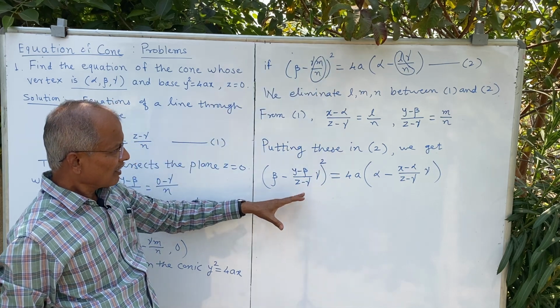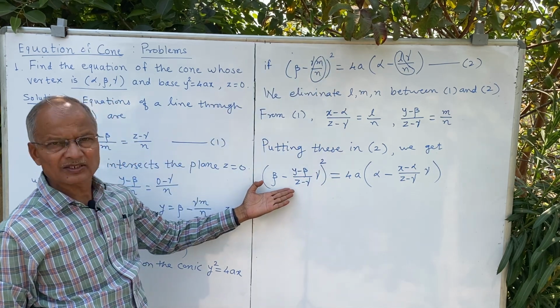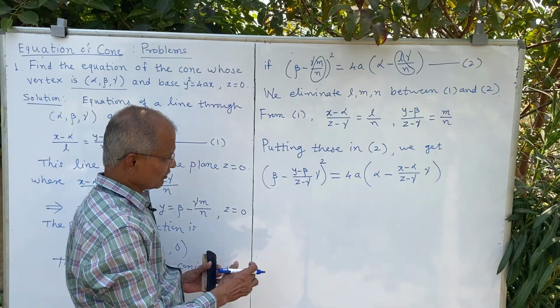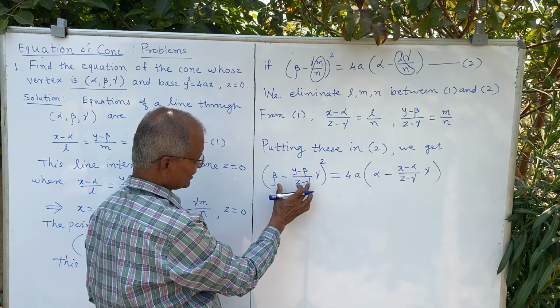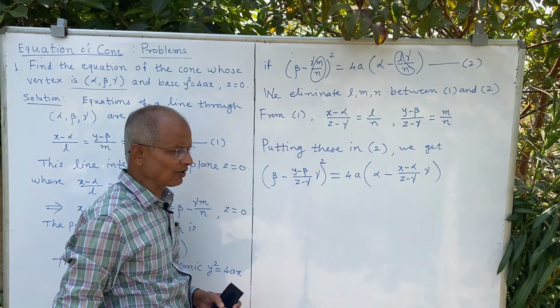And now we shall simplify this equation, and to avoid the denominator, we shall first simplify this and then multiply by (z minus gamma) whole square.